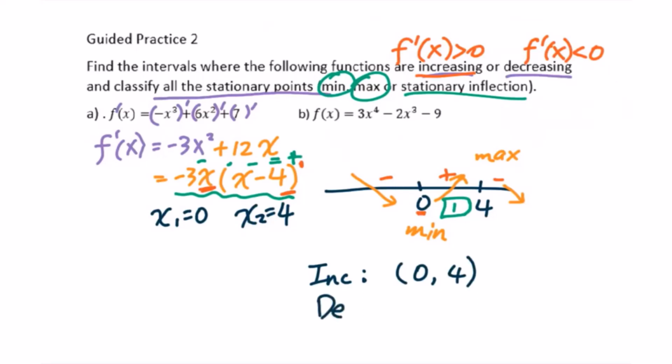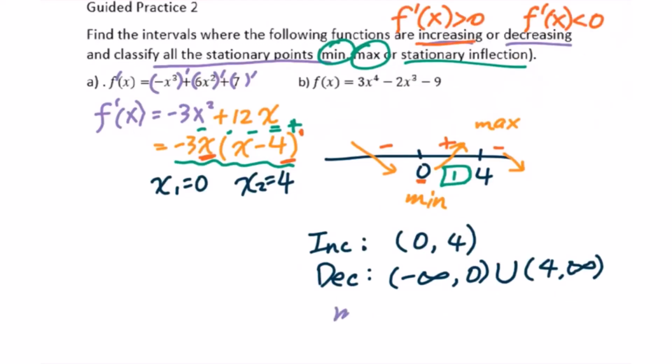For the decreasing interval, you will get from negative infinity to 0 and from 4 to positive infinity. And a minimum point, that is at x equals 0. And a maximum point, that is at x equals 4.